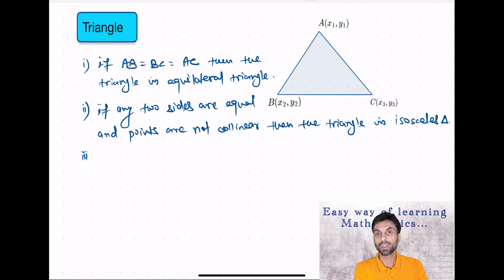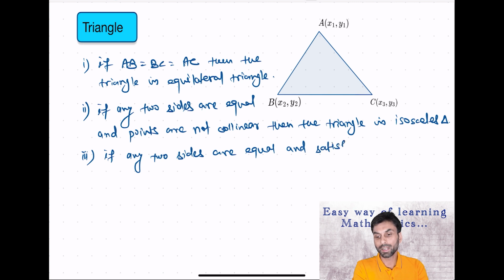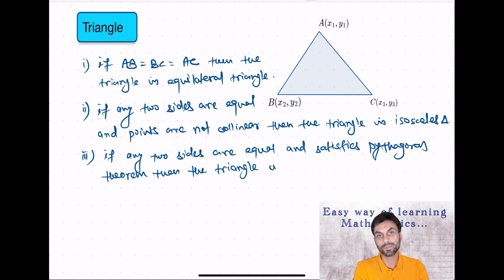Third case, if any two sides are equal and it satisfies Pythagoras theorem, then the triangle is a right angled isosceles triangle.